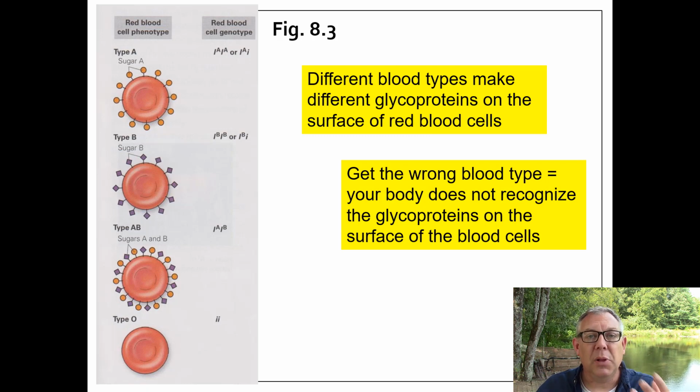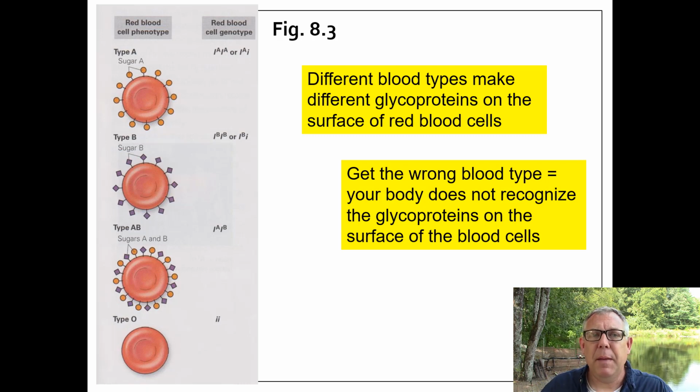Well, if you get the wrong blood type, you've got the wrong proteins on the surface of your red blood cells. And your body recognizes it and will attack those cells. And so it's the same kind of thing we've been talking about. That's why it's so critical to match blood type whenever you're getting a blood transfusion. But now that you know it in a little bit more detail, you can understand where this comes from. It's coming from these proteins on the surface of these cells.